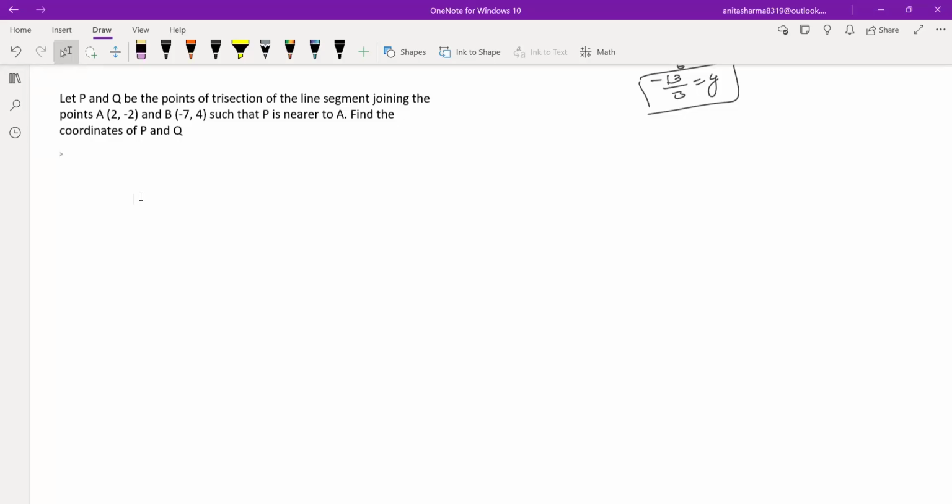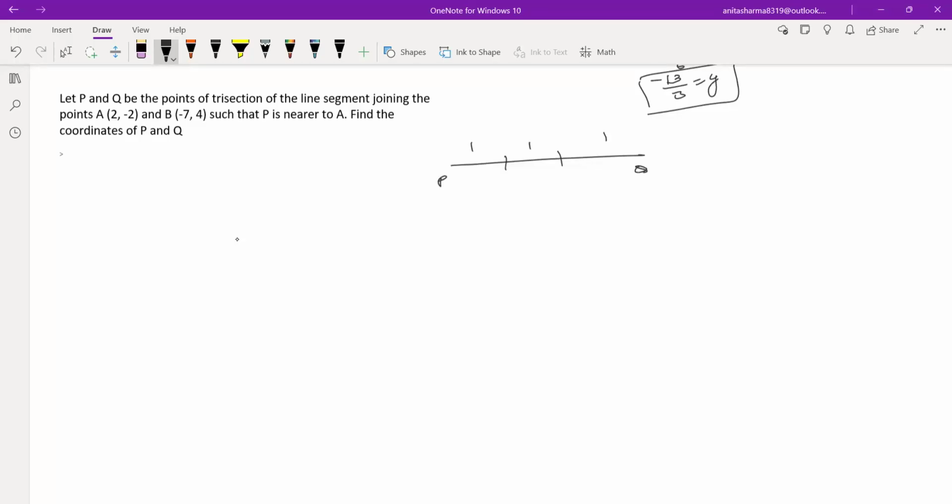Ma'am, will Q be the midpoint of P and B? Yes, beta, Q will be the midpoint of P and B. This is trisection they are asking. So 1, 2.